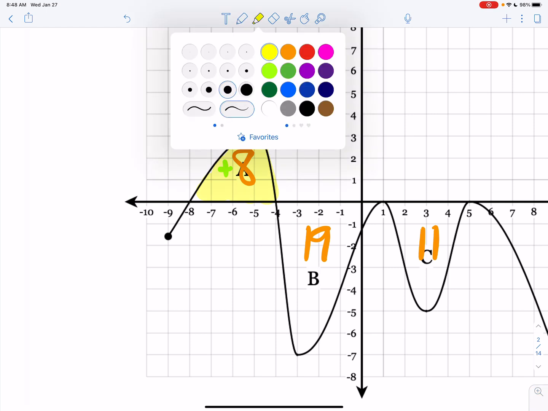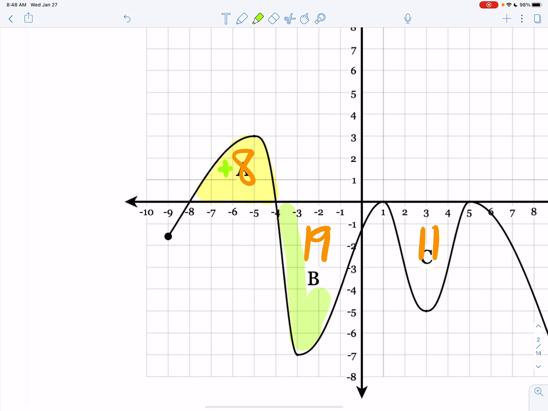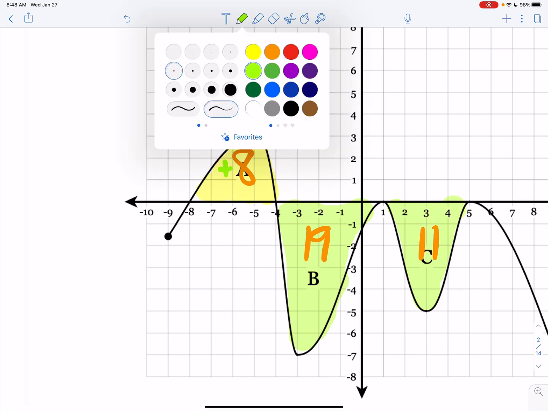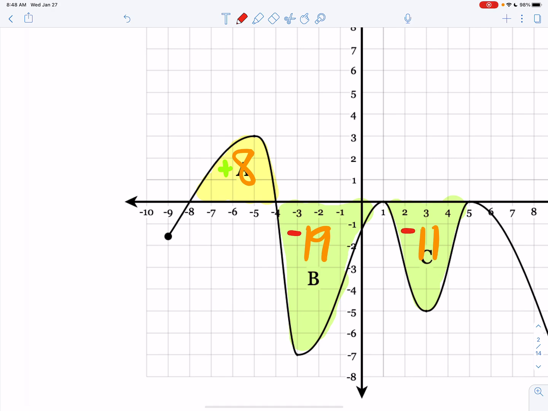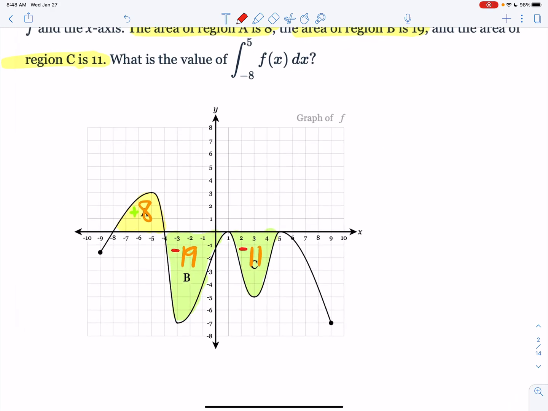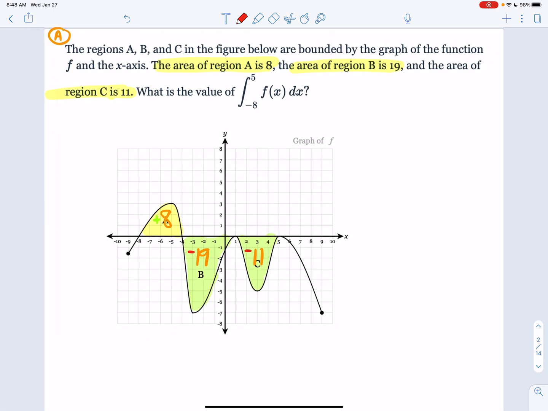Whereas, I should use a different color, this area, 19, and this area, 11, are both below the x-axis. So that would imply that you had negative area here. So that's something that they don't give you, but you have to imply, right?